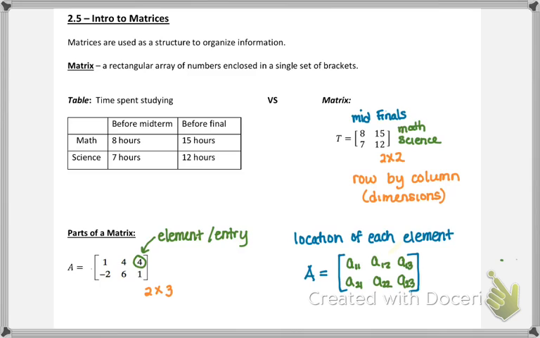So if we look back up at matrix T, and if I were to ask you, in matrix T, what is the element T sub 2, 1, then you would say, all right, I'm looking for an element in matrix T that is in the second row, first column. Second row, first column, that's right here. It is 7. Okay, so just different ways of identifying the location of each element.